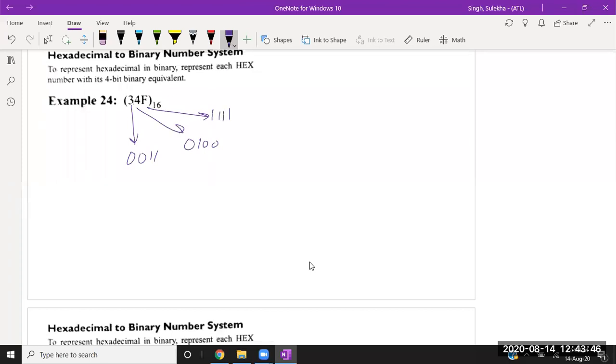So at the end, you can write all the things in a sequence this way, and this is base 2. Or you can remove these 2 zeros also. You can write your answer in this way or this way. It's your choice.